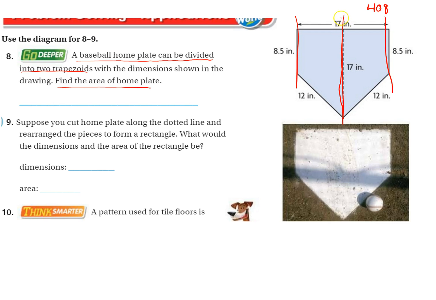Since the line down the middle cuts it exactly in half, I can find the area of one trapezoid and then multiply it by 2.